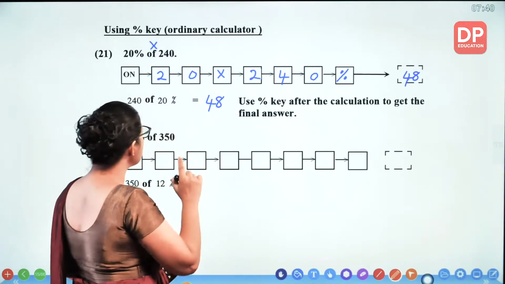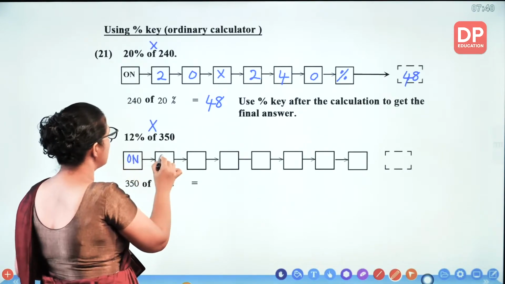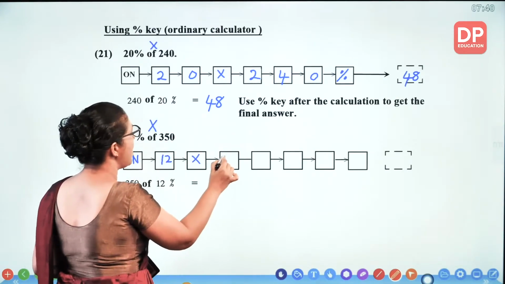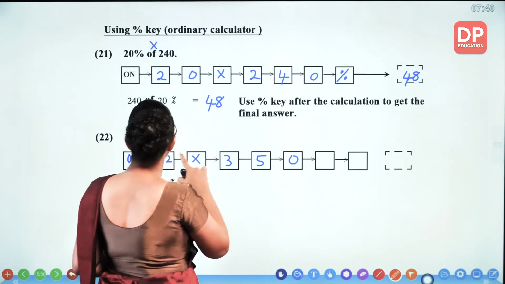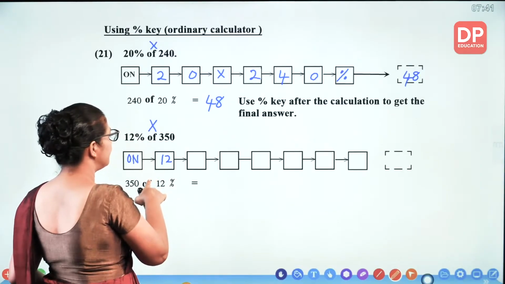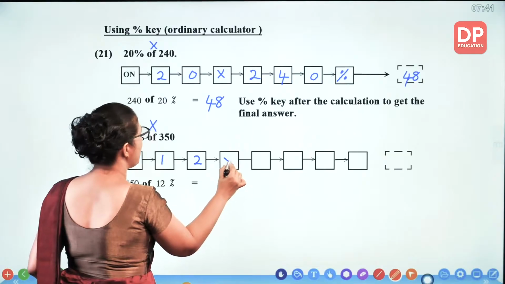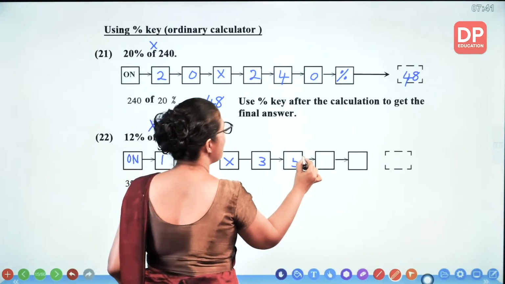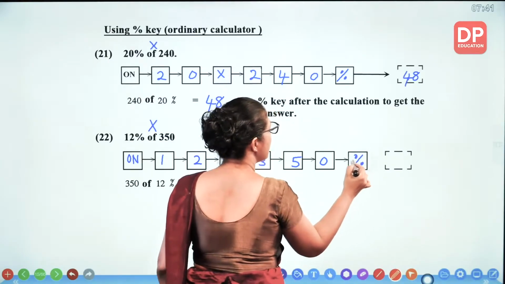This one, 12% off 350. So switch on, 12 multiplied by 350 and then the percentage sign.